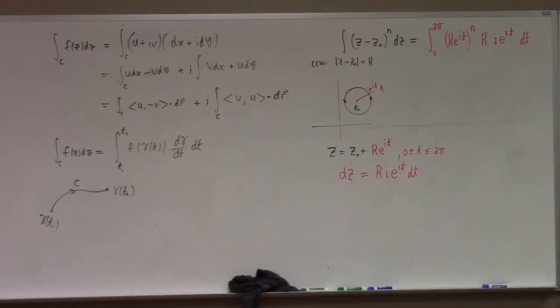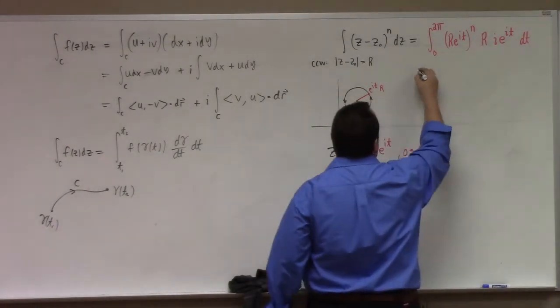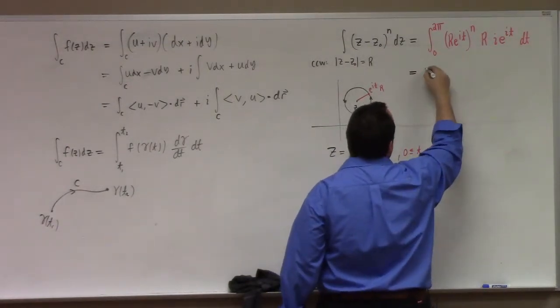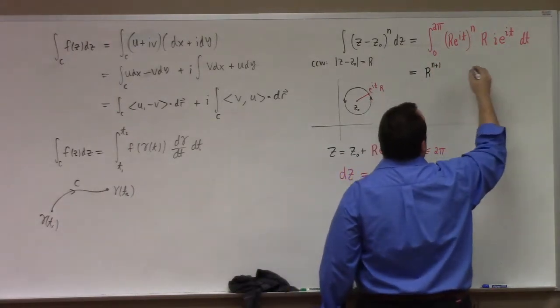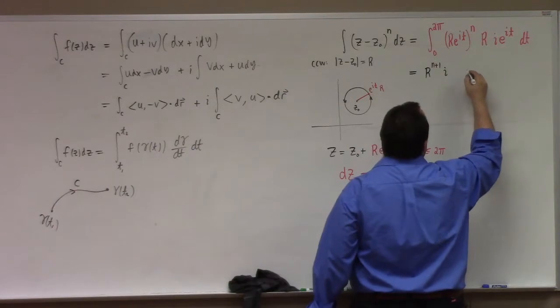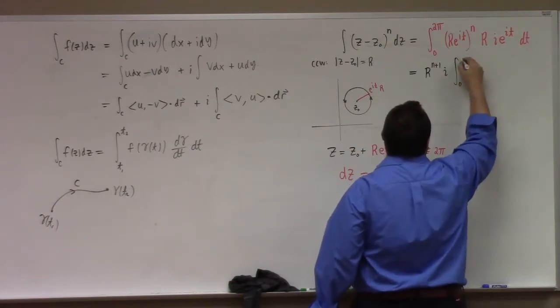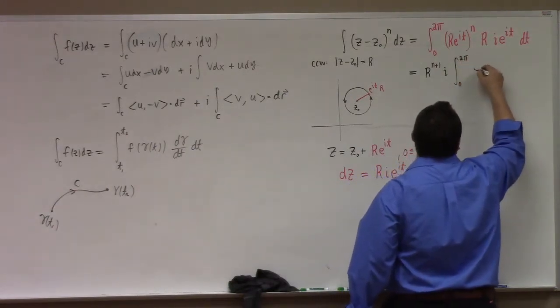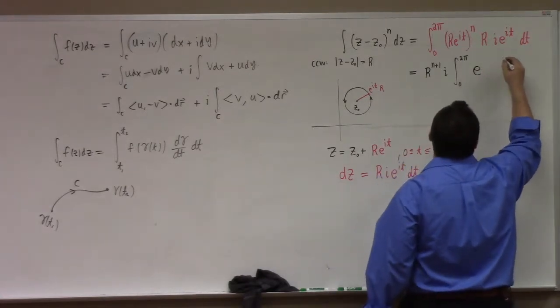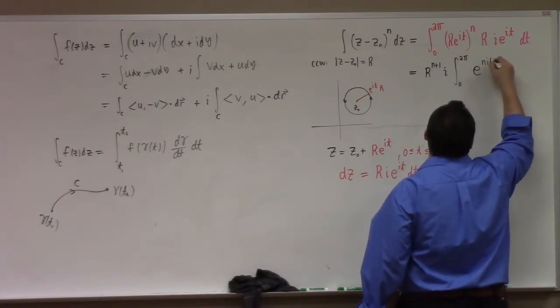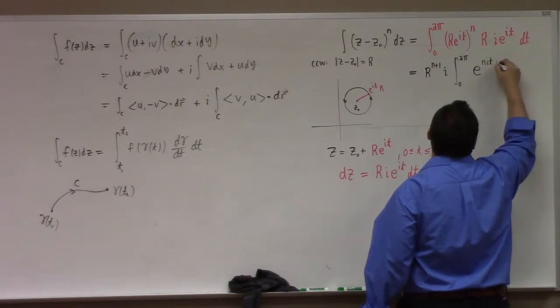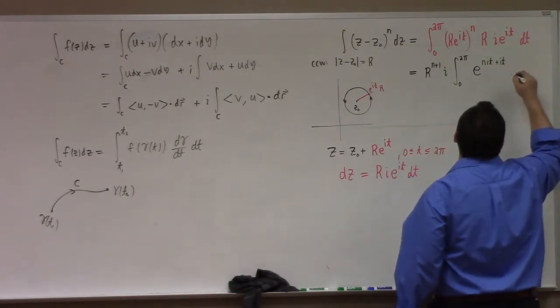What do I get? I'm assuming r is a real constant here, so we can pull that out. We're going to have r to the n plus 1, and I've got an i. I'll pull that out. The integral from 0 to 2 pi of e to the nit plus it.